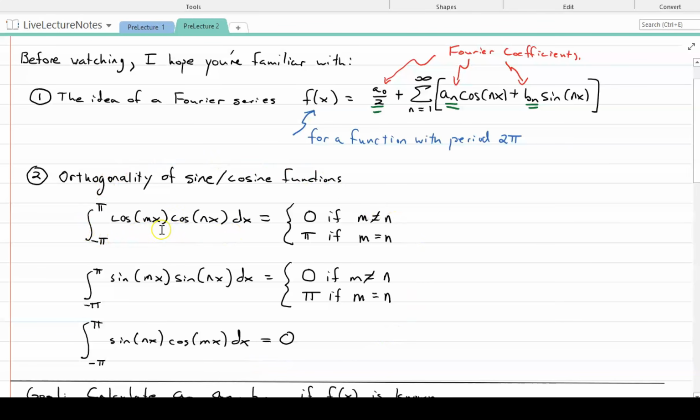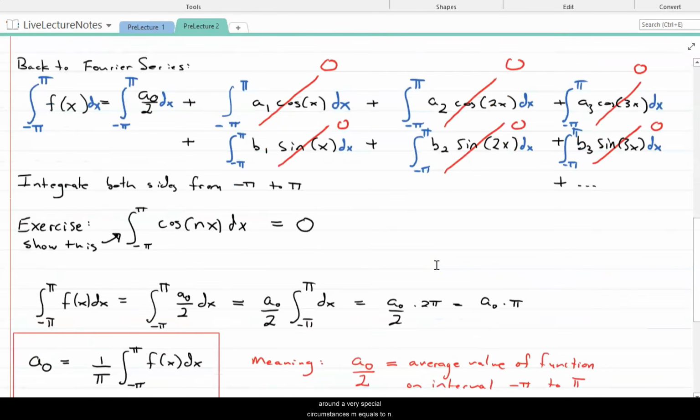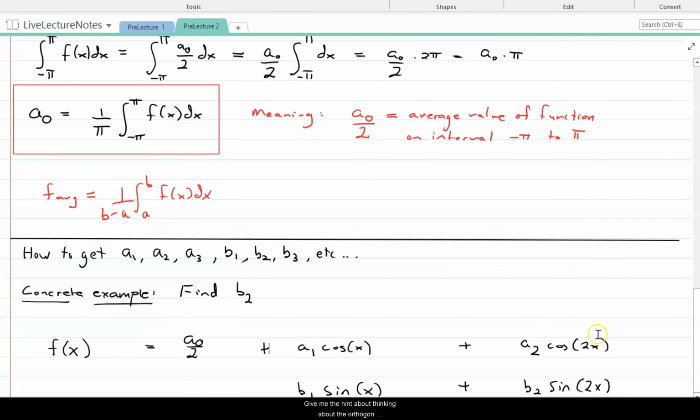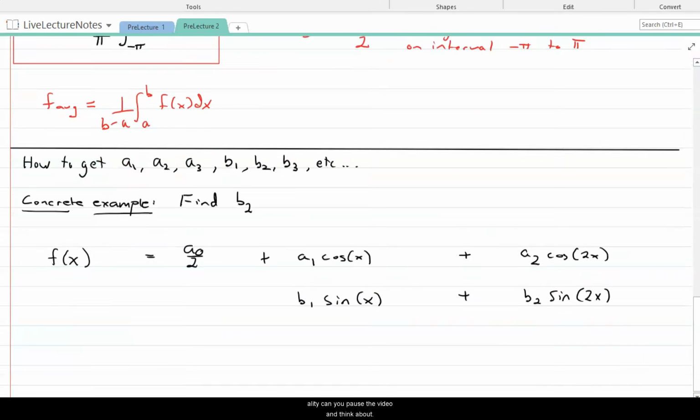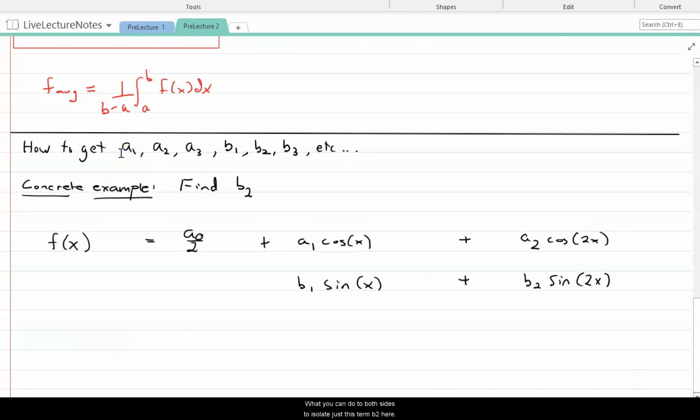Notice that these integrals of products of cosines and sines, sine and cosine, are 0 except under very special circumstances, m equals n. Can you pause the video and think about what you can do to both sides to isolate just this term, b2?